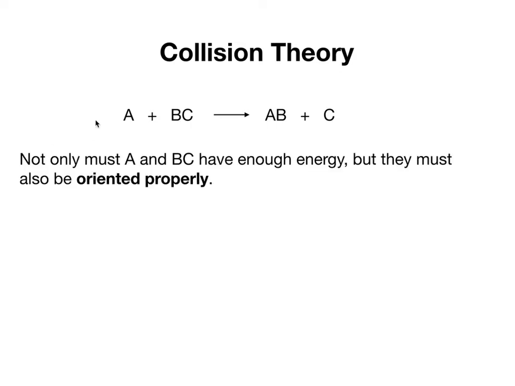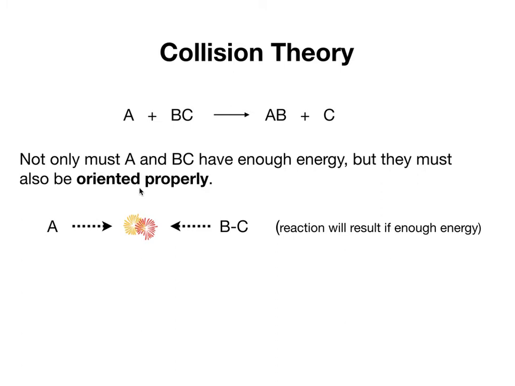Not only must A and BC have enough energy, but they must also be oriented properly in order for a reaction to occur. So for example, if we have A moving in this direction and we have BC moving in this direction, and this is to signify a collision between both of those, a reaction will result if there is enough energy.